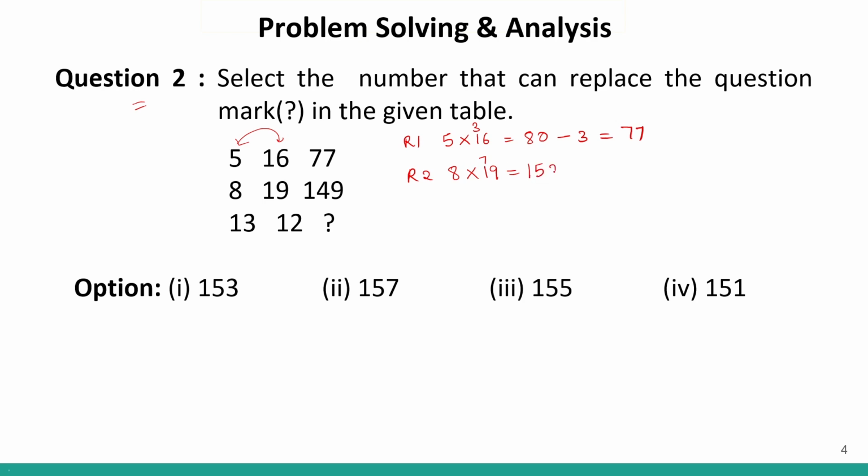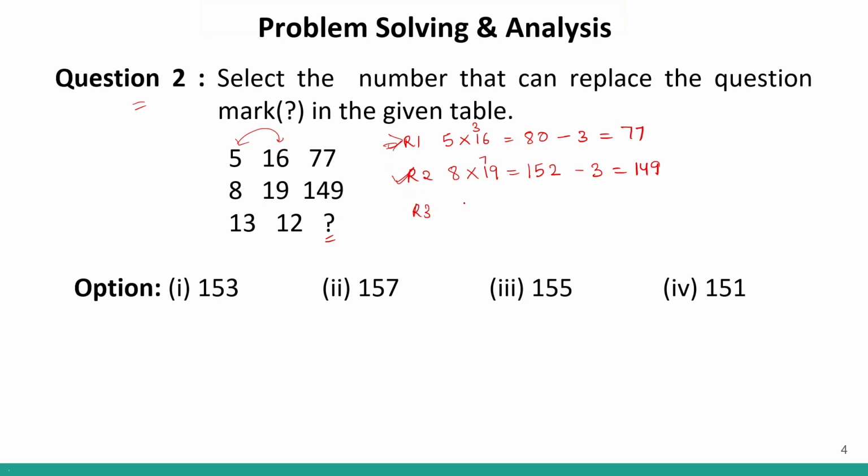Sorry, 152. Okay. And if I subtract 3 from it, I'll get 149. So logically, it is true for row 2 as well. Now let us move on to row 3 to find the missing element. So from row 1 and row 2, I have confirmed my logic. I found a logic in row 1. Then I confirmed my logic in row 2. So now we'll move on to row 3.